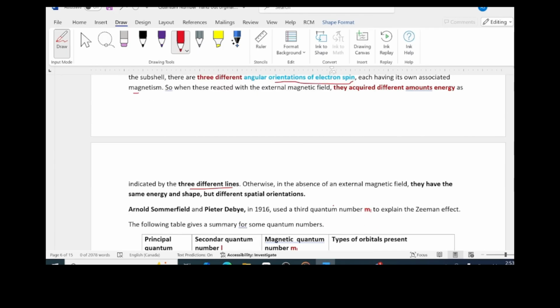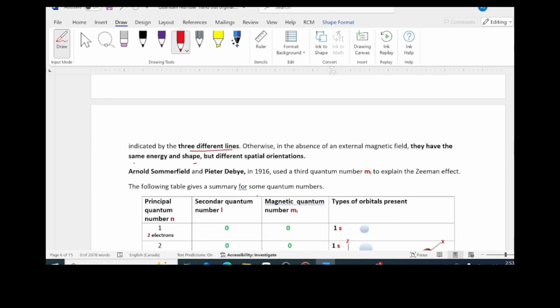Otherwise, in the absence of an external magnetic field, these will have the same shape and energy, but different spatial orientation. Arnold Sommerfeld and Peter Debye in 1916 used a third quantum number ml to explain the Zeeman effect.